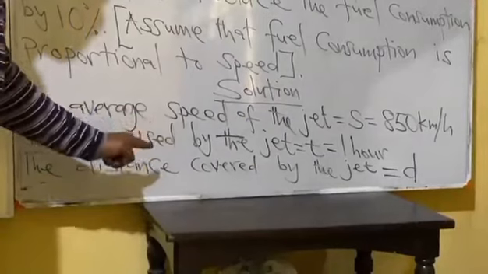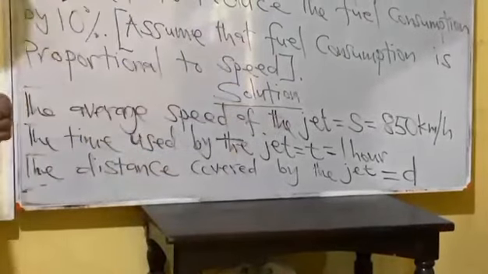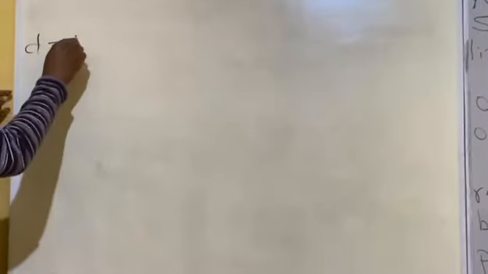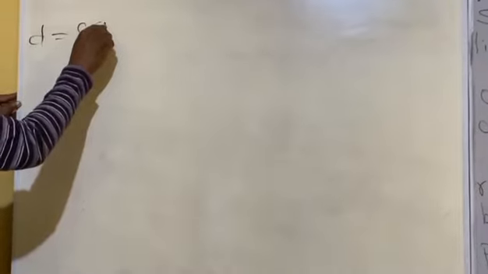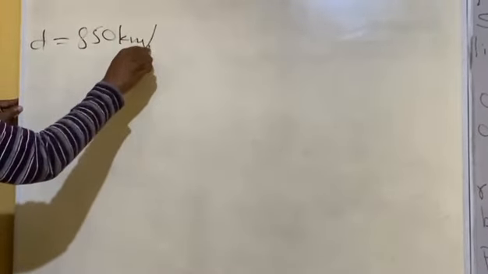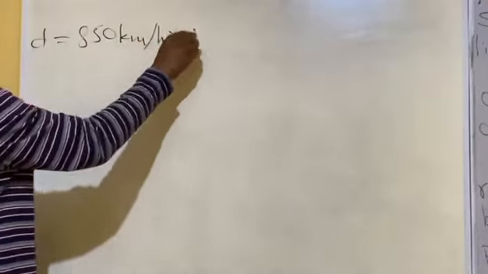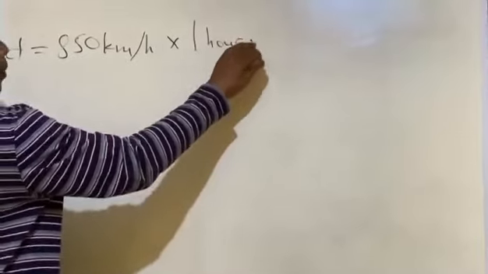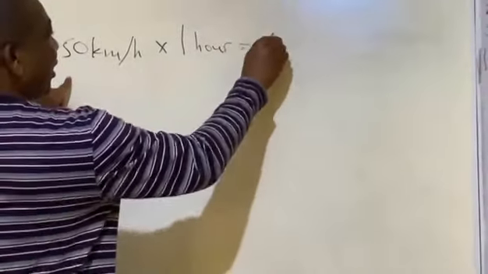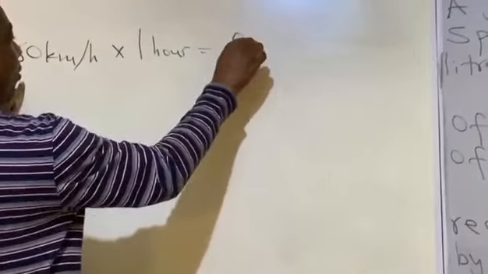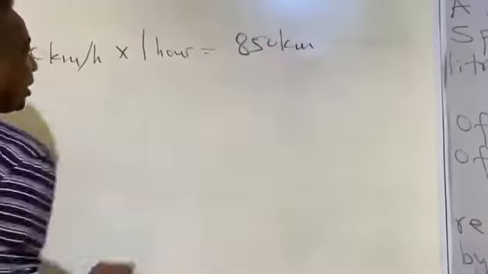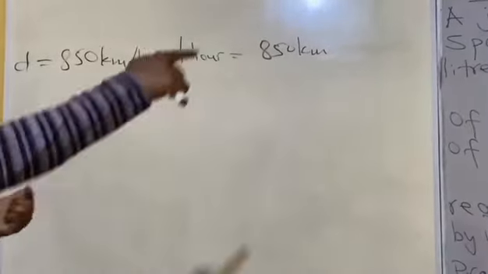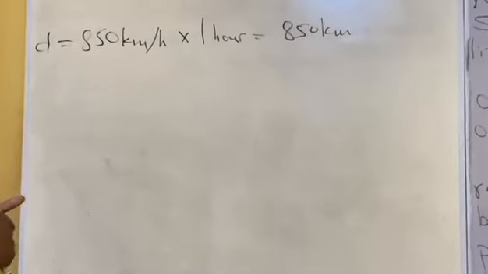The distance covered by the jet is equal to D. So let us calculate the distance traveled by the jet, which is 850 kilometers per hour times the time, which is 1 hour. So this gives us 850 kilometers.